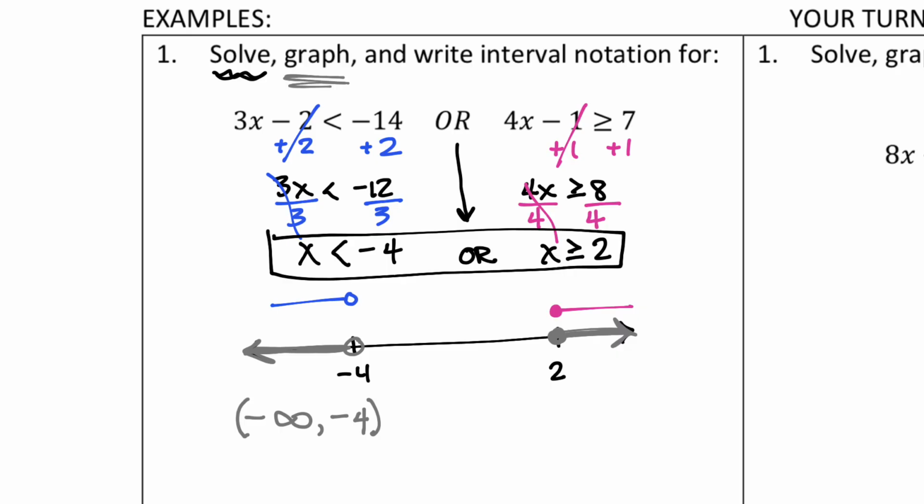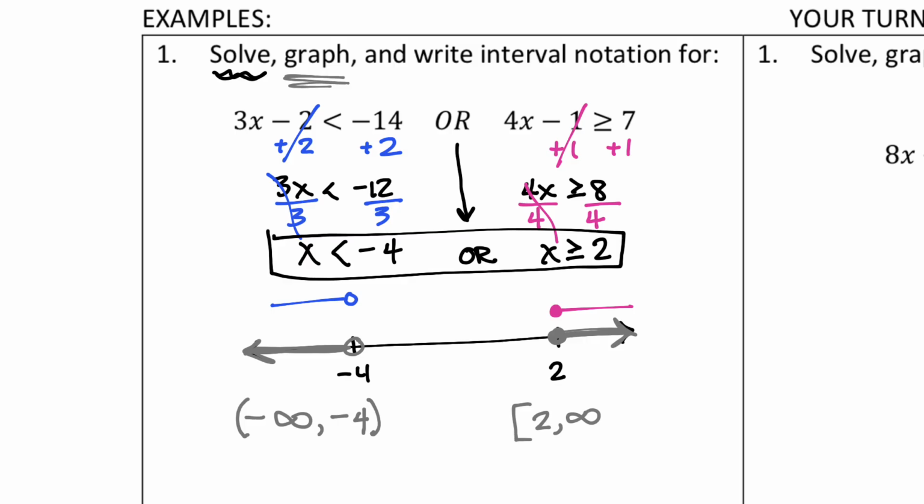It's an open circle, so it's an open parenthesis basically, because this does not have the equal to line. This one does, so it's filled in. And when we write it down here, it's going to be a bracket, a closed side.